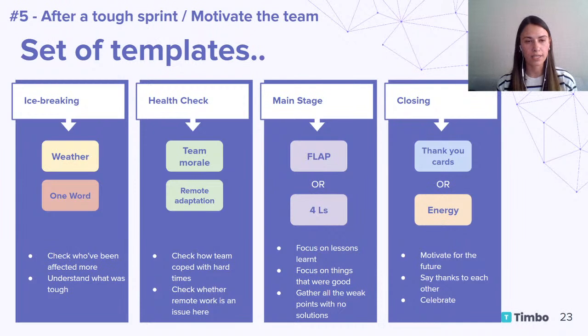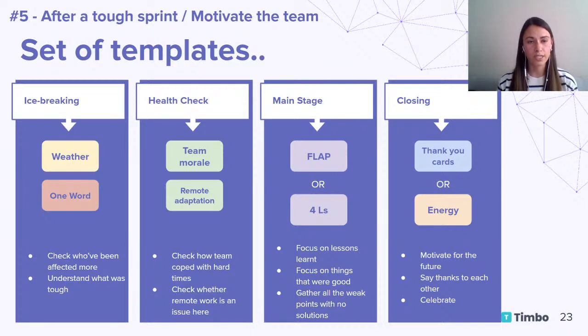Important thing here is that after tough sprints, it's important to give the team a voice so that they can release that tension. They can talk about everything that they didn't like, so that they feel that somebody is hearing them and somebody is here to listen to them.